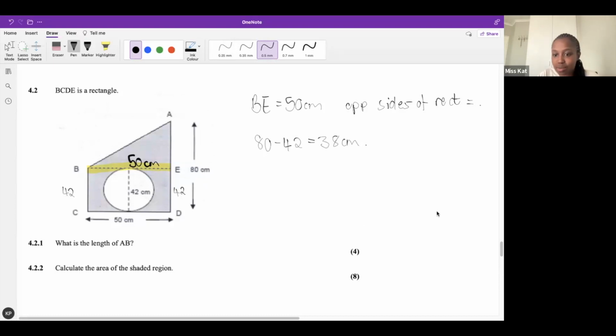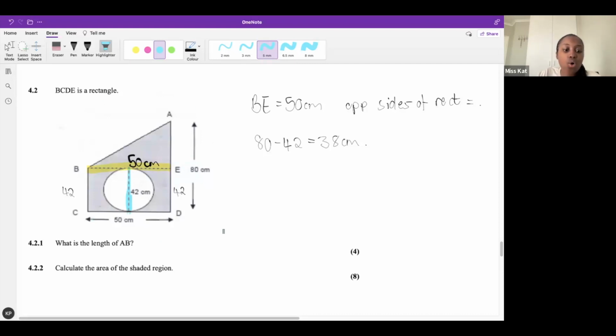Oh, I see in the chat as well, some people have gotten it. Yes, guys. So look here. The diameter of a circle has been given as 42, right? And this circle goes from the top to the bottom of the rectangle. So if the middle of the rectangle is 42, then the two sides will also be 42.